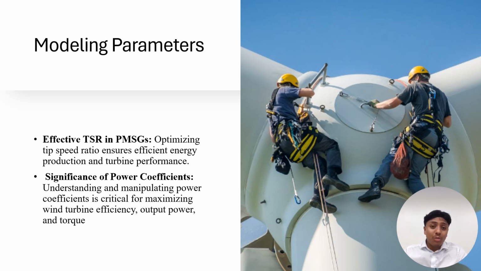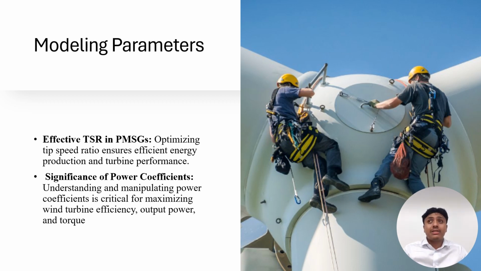When we have a low TSR, less than 1, that means our blade is going so slow compared to the wind, and we are missing the wind. We're not capturing an efficient amount of wind in order to be operating at our ideal maximum point. Another parameter is the power coefficient.